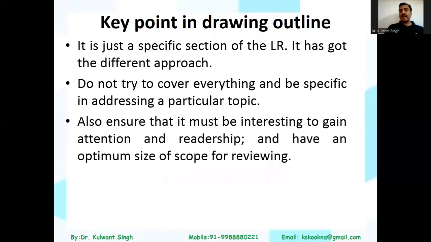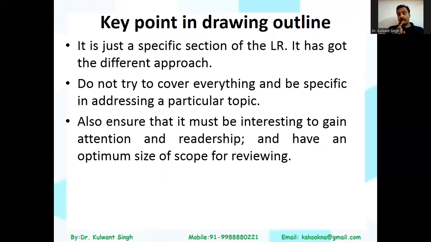Also ensure that it must be interesting to gain attention and readership, because we are writing our paper to get more citations, and first of all it should be published in a good journal.